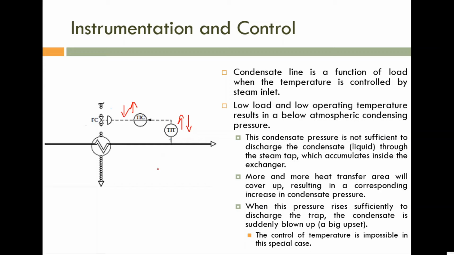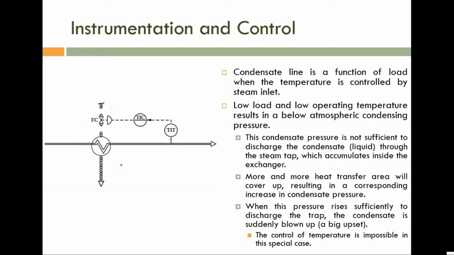Now another disadvantage is that we are using steam here. Low operating temperature and low load will create another problem. Low operating temperature and low load will create a second problem, that is known as the blown up problem.